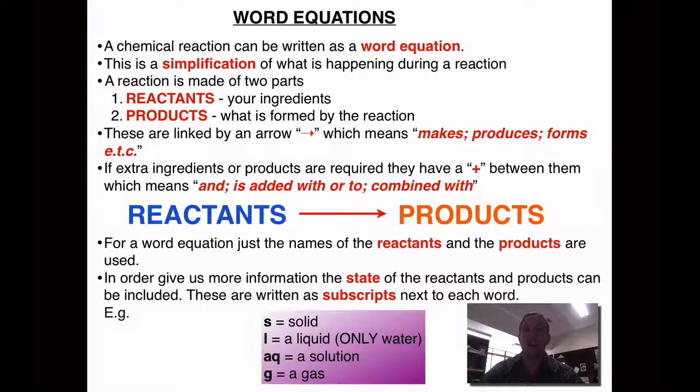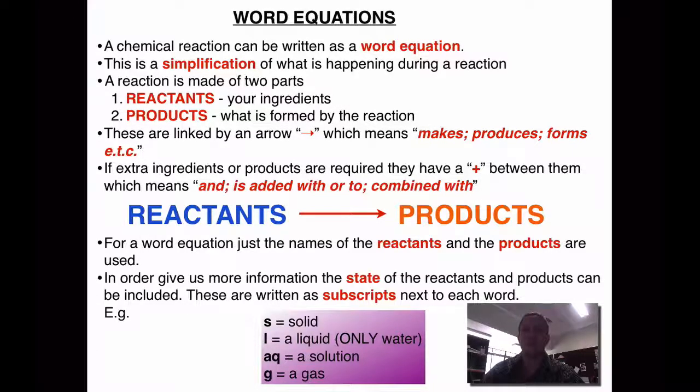And aq means aqueous or a solution. And finally a little g as a gas. Now these states are placed in brackets almost as a subscript after the word. So for example, if I'm using magnesium metal, I'll put magnesium, and then in a little set of brackets I'll put an s afterwards. This means it's solid magnesium.